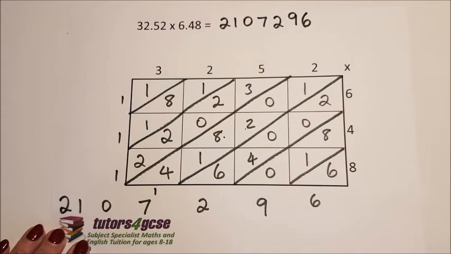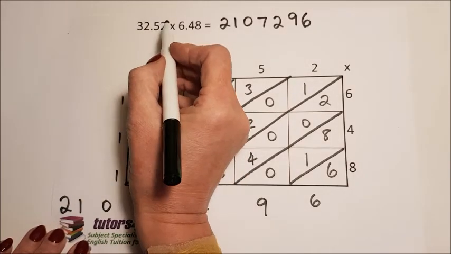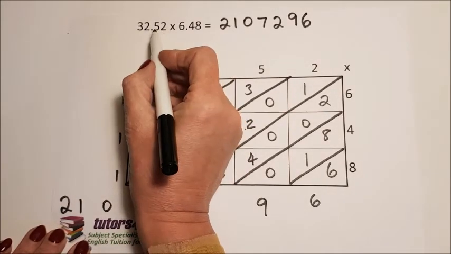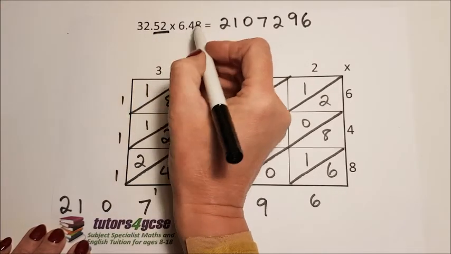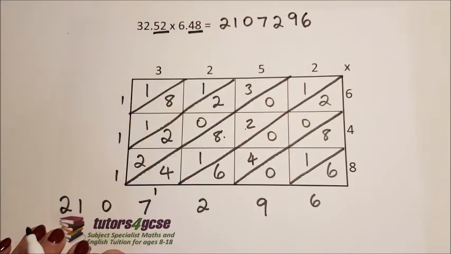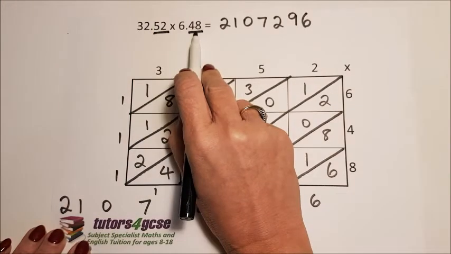All that remains is to put the decimal point back in. Now, initially, when we had the numbers to start with, let's look at how many decimal places we had. We had 2 digits after the point in this number and another 2 digits after the point in this number. So altogether we have 4 decimal places, 2 here and 2 here.